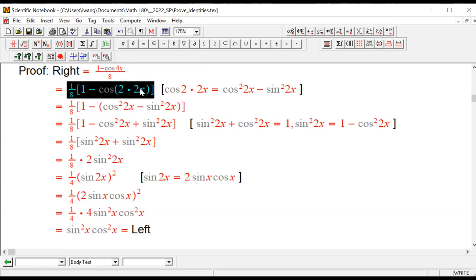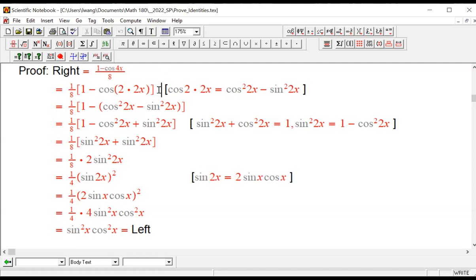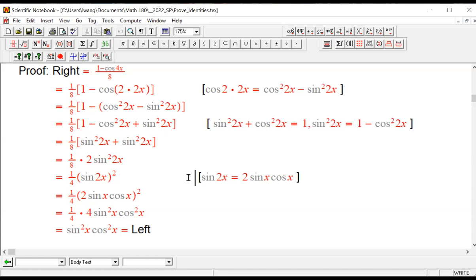I need this piece, and I did this piece, and I opened up the parentheses. So all of these steps are what I need. And I can put it on the side to tell my reader, hey, look, this is what I used. But you need to make sure that it is very clear for your reader to know.